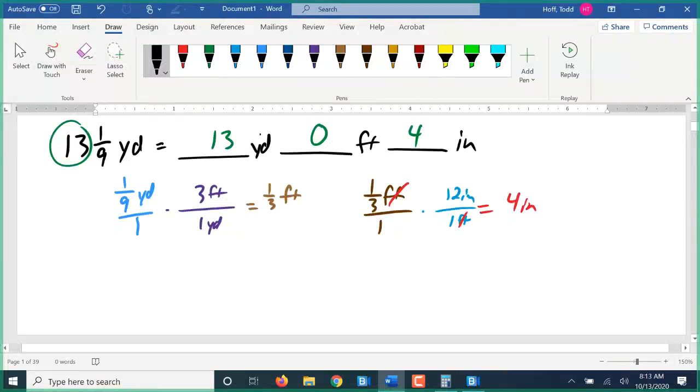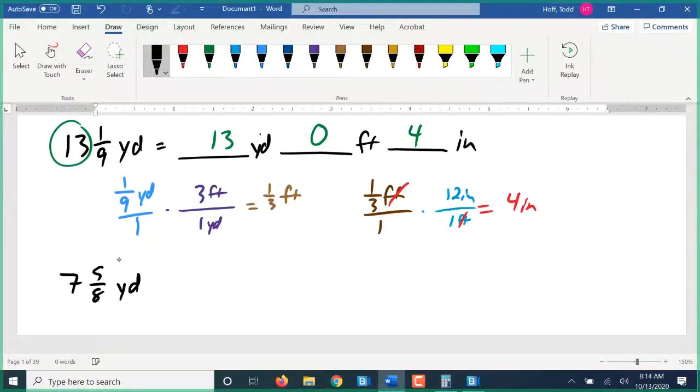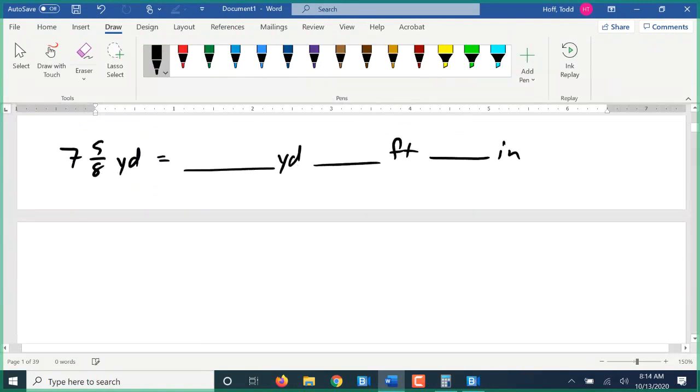Now we might have something like 7 and 5/8 yards. And let's do that as yards, feet, and inches. So again, I'm just going to pull the whole number off. My 7 becomes my 7 yards.